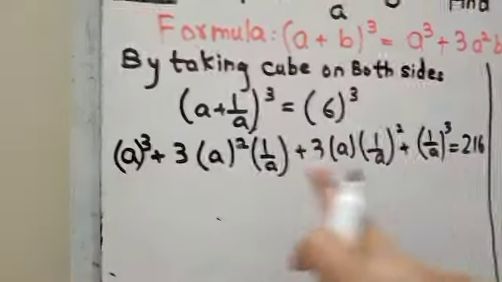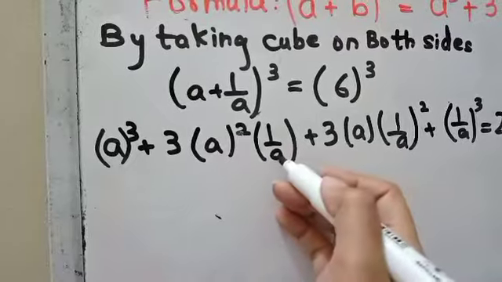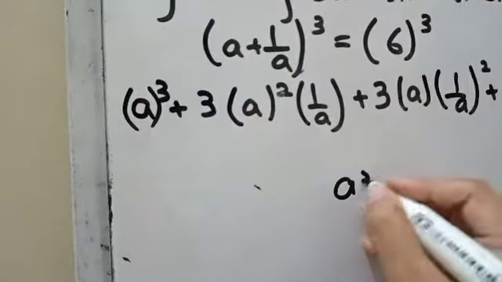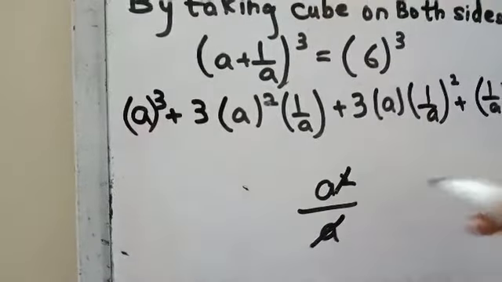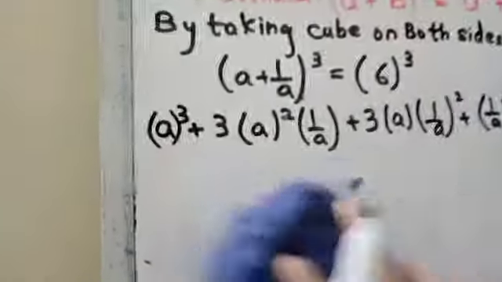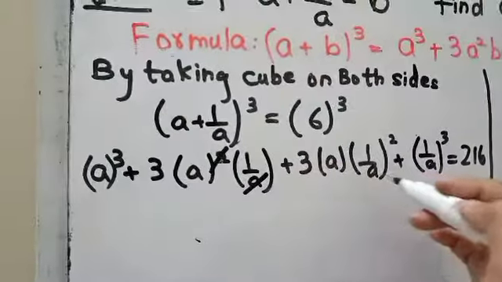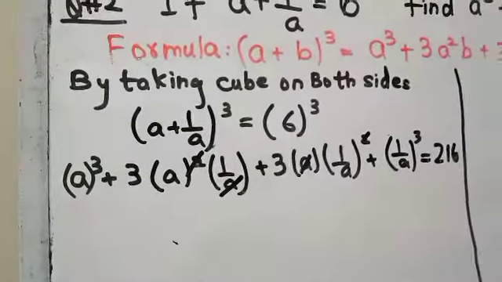Now you will first solve these brackets. So square is given to you. This is given 1 upon a. It means it is like this, a square upon a. So I can reduce this a from this square. So I will write a square and a is cancelled over here. And then likewise this square and this a is cancelled over here.